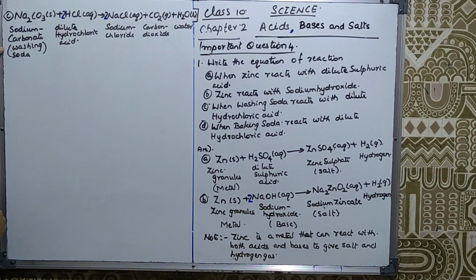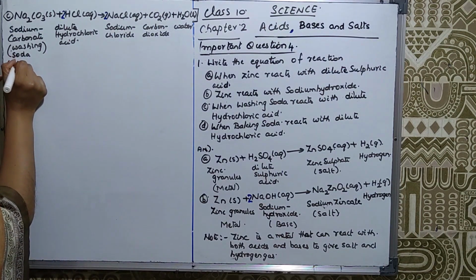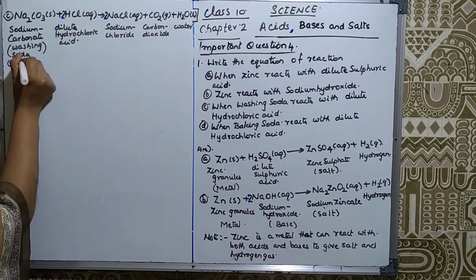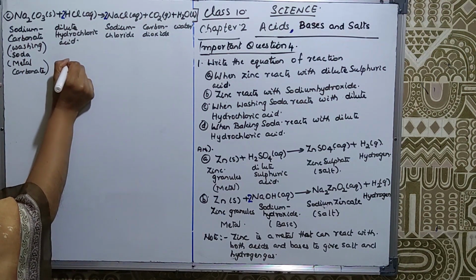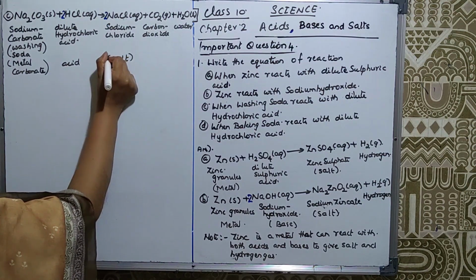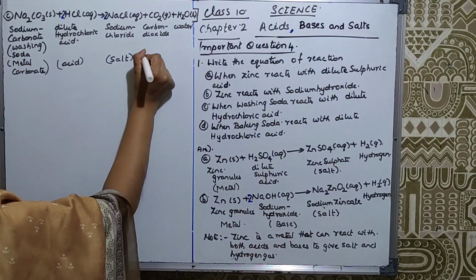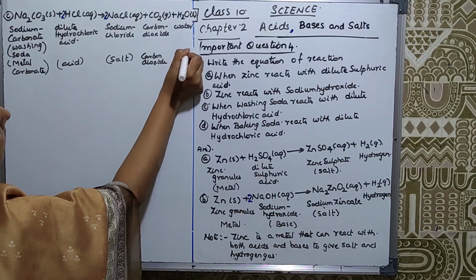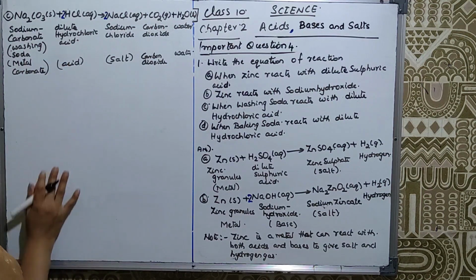This is a metal carbonate. Metal carbonate reacts with acid to give salt, carbon dioxide and water. That is the general method. This is the general formula: metal carbonate plus acid gives salt, carbon dioxide and water.